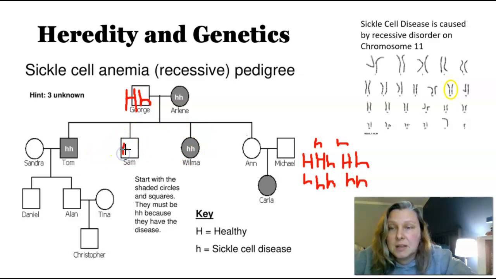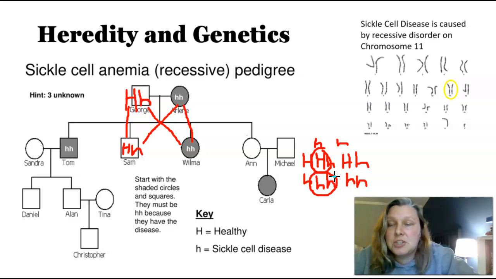So Sam is most likely heterozygous as well. He got uppercase H from his dad, and he got a lowercase h from mom. He would have been one of these combinations. And then Wilma got the lowercase h from her dad and a lowercase h from her mom, being one of these combinations.